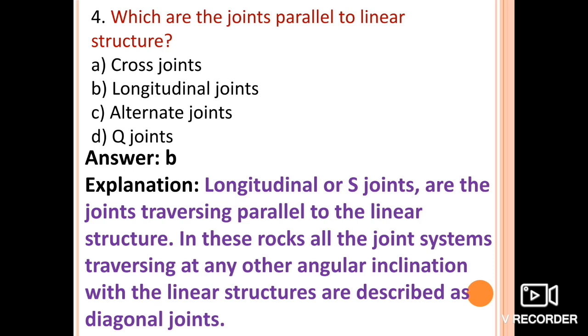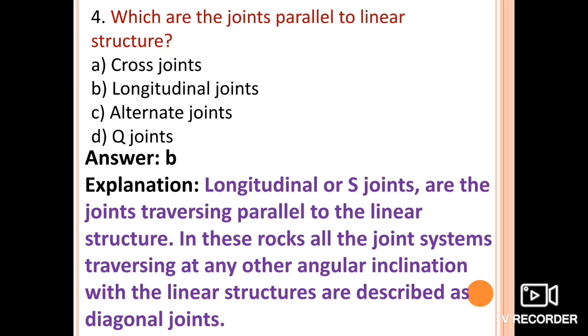They are also known as S joints, so their other name is also important. As in the previous question we discussed Q joints, also known as cross joints, the longitudinal joints are also named S joints. Both names should be remembered. They traverse parallel to the linear structure, which can be any lineation or any cleavage plane.